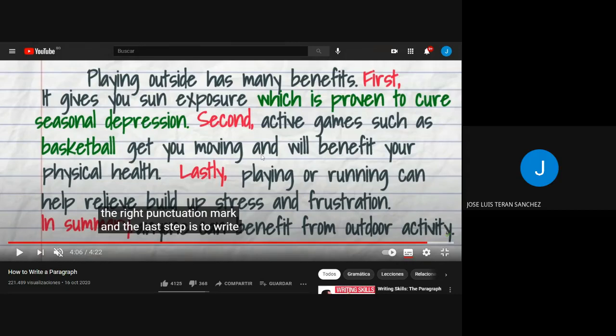Sometimes when our teachers request, "Hey guys, write a paragraph about, I don't know, something," be sure that you do all of these steps, because this is the correct way. Usually, in my experience as a teacher, whenever a student doesn't know this, they don't write the main idea.